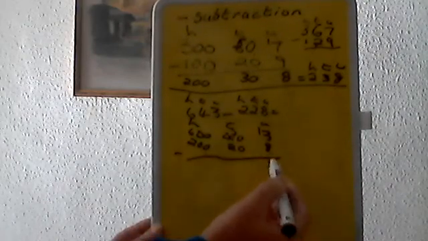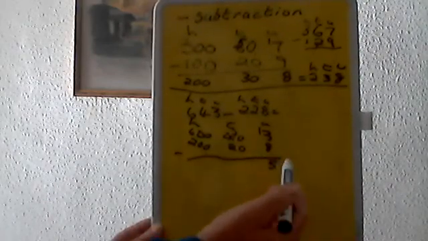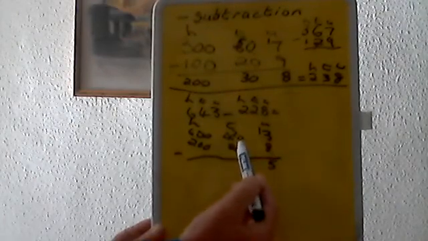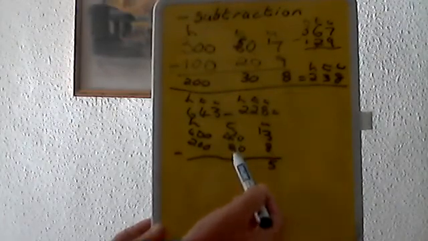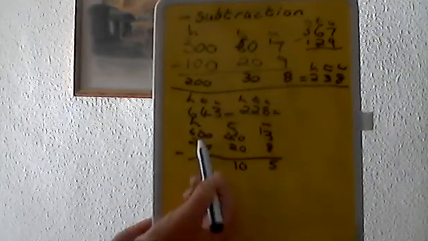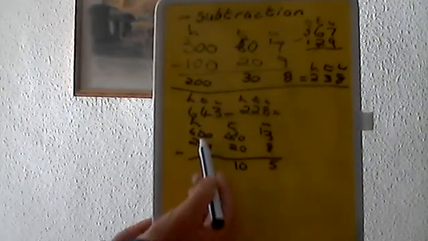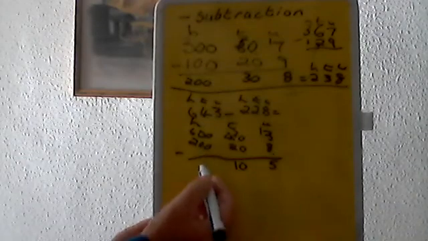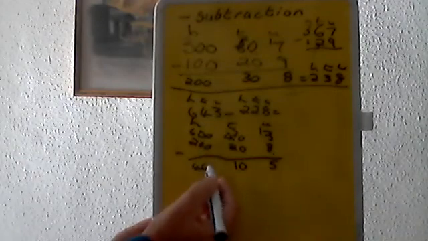Now I can do it. 13 minus 8 is 5. This column, 3 tens, 30 minus 2 tens, 20, leaves 10. 600 minus 200 is 400.